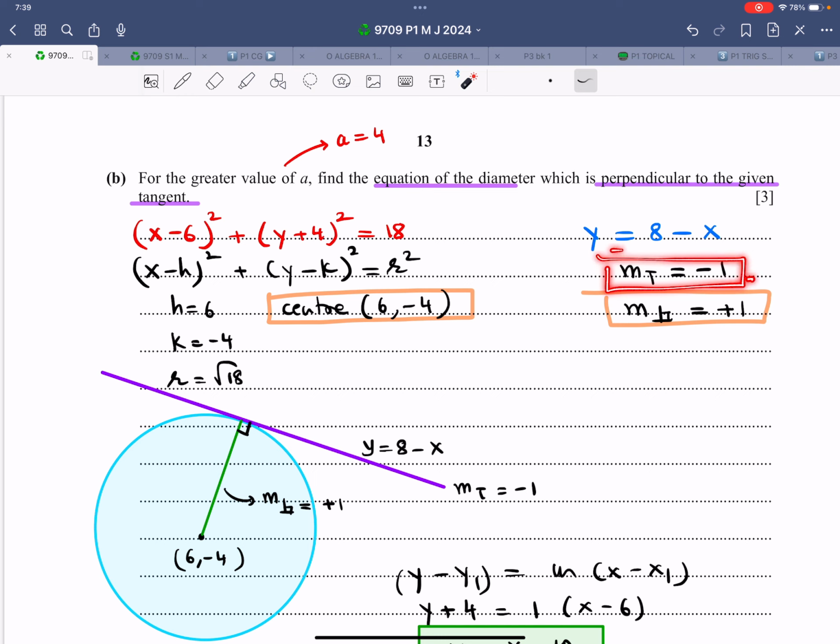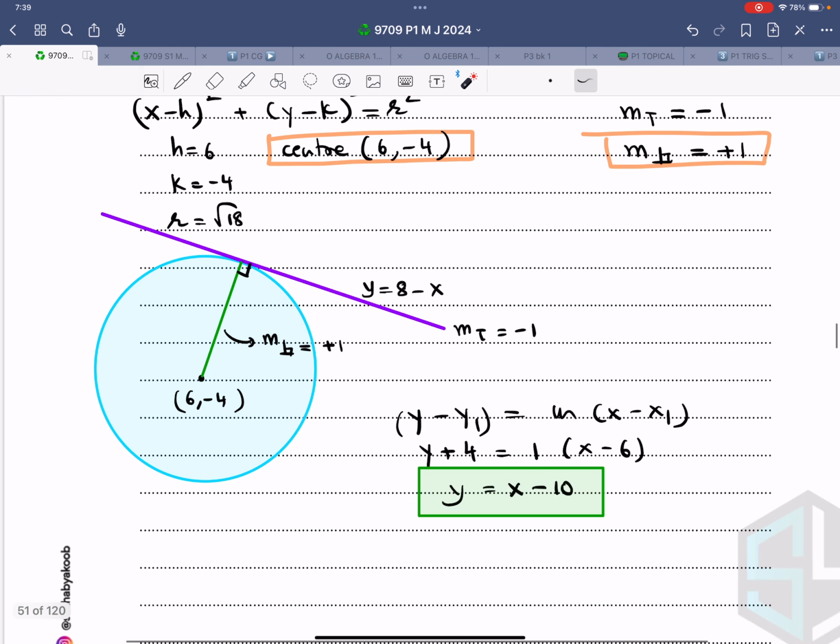Gradient of the tangent is negative 1. Therefore, the gradient of the perpendicular, which is the diameter, is positive 1. So now this diameter will be passing through this point. Take this point, take this gradient, apply the equation, and that's a simple answer.